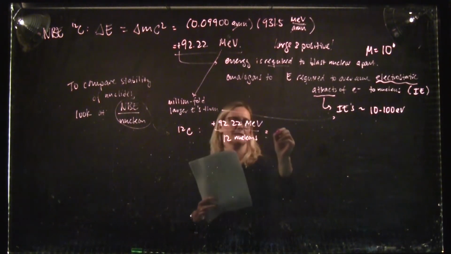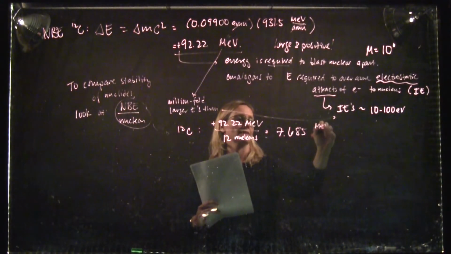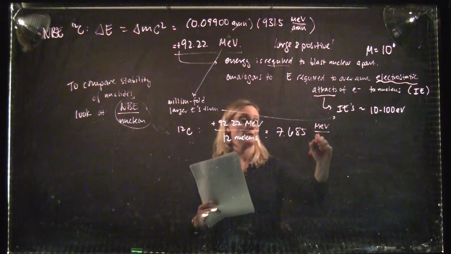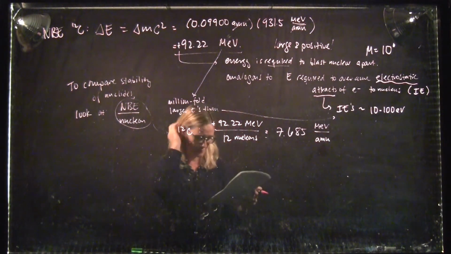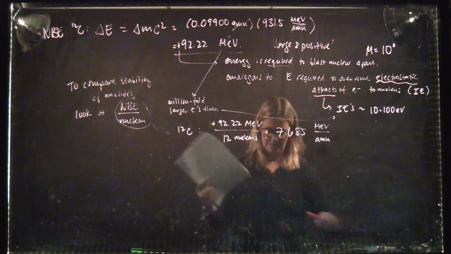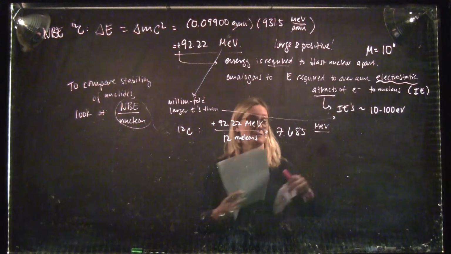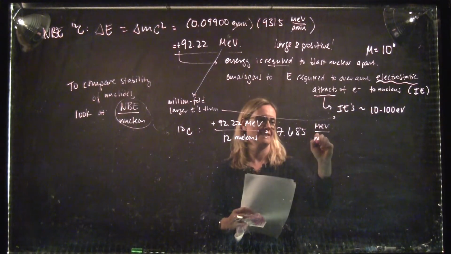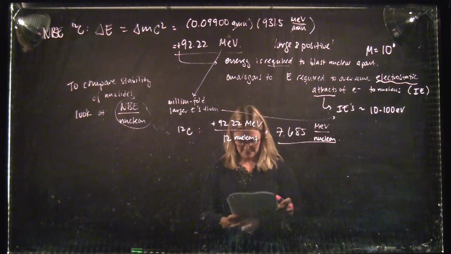And so this is 7.685 mega electron volts per AMU. We can just say per nucleon. It also is effectively per AMU, but that's how many mega electron volts per nucleon.